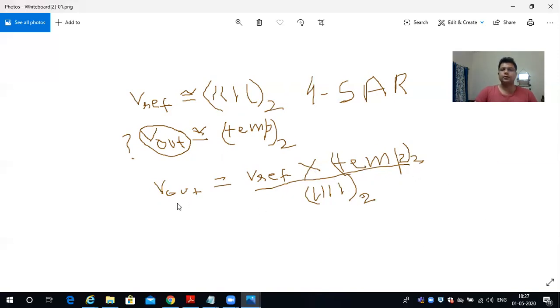So we will get the voltage out, that would be the approximate value in digital form. This is in the digital form, but it's equivalent to digital output in voltage. So in this way we can convert the approximate digital output to its digital voltage output.